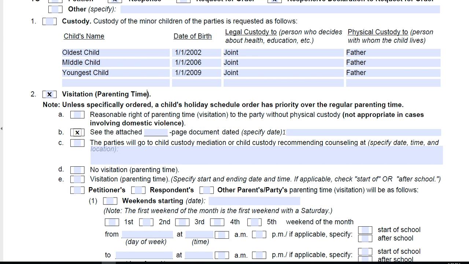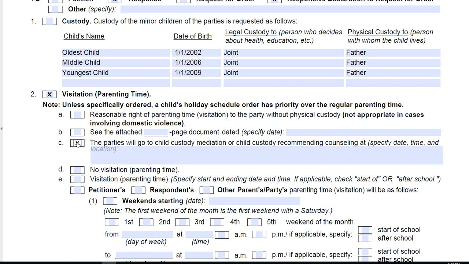It's great when parents can work together to come to that type of agreement, but it is not necessary. The court system exists to help parents when they cannot come to an agreement.